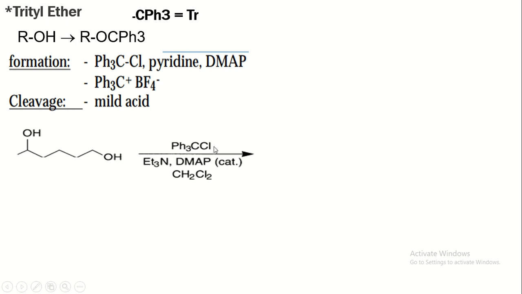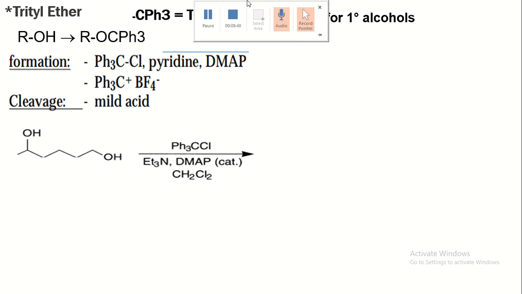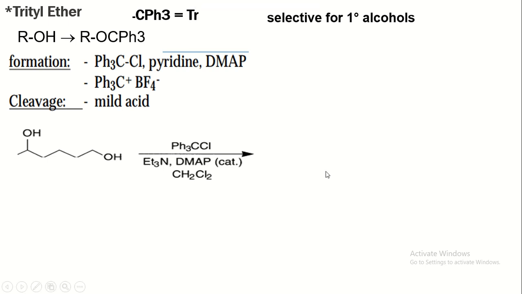Therefore, it approaches only the primary OH. Hence, trityl chloride is useful selectively for the protection of primary alcohol. Many times, MSc exams ask this type of question: why is trityl ether useful for primary alcohol? Because of the bulky group. It gives protection of the primary alcohol, not the secondary alcohol.